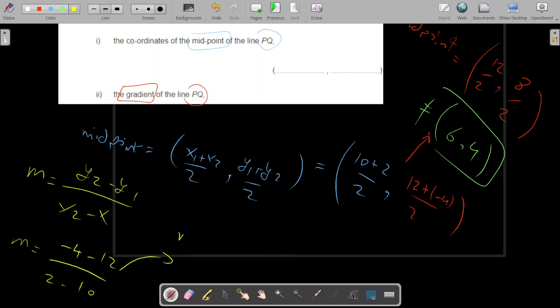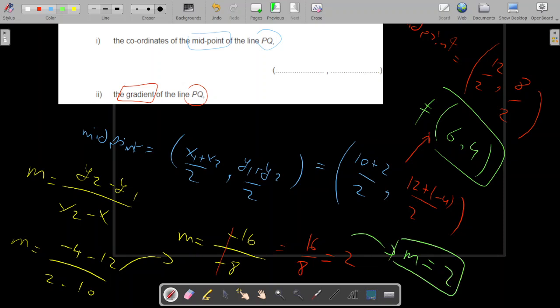From that, m is going to be equal to minus 16 over minus 8. The two negative signs remove each other, so it's going to be 16 over 8. 16 over 8 is equal to 2. It means that the gradient of PQ is equal to 2.